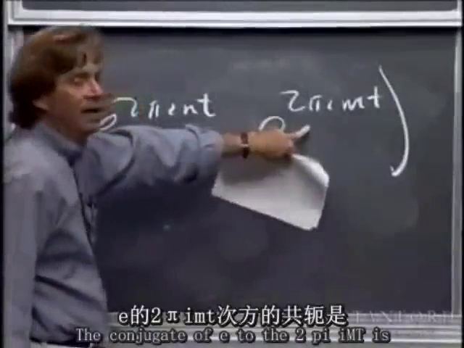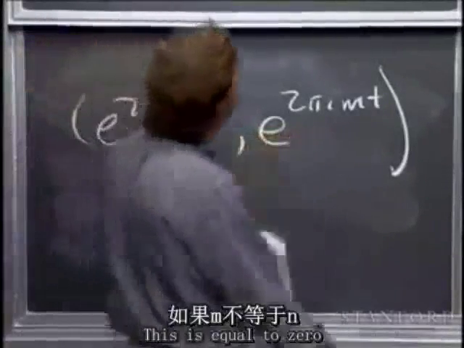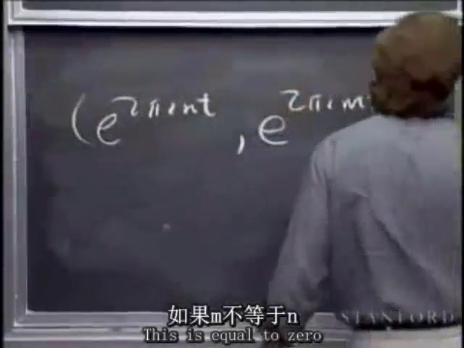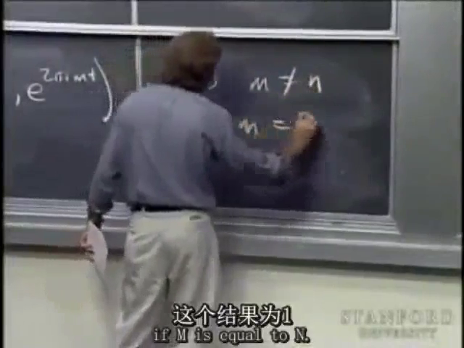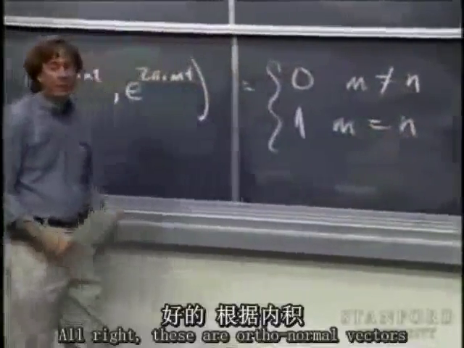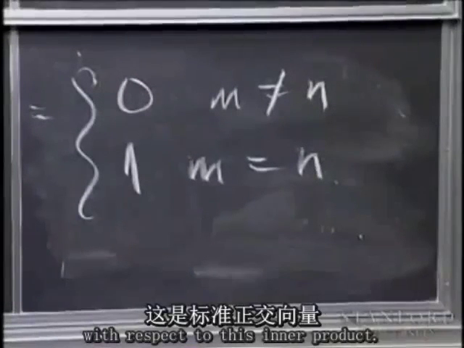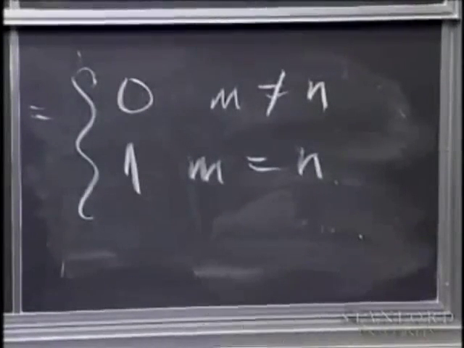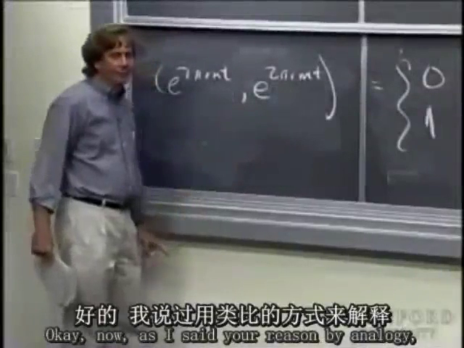The conjugate of e to the 2 pi i mt is e to the minus 2 pi i mt. That's where the minus sign comes from. This is equal to 0 if m is different from n, and it's equal to 1 if m is equal to n. These are orthonormal vectors with respect to this inner product. They are orthogonal. Their inner product is 0 when they're distinct, and their norm is equal to 1 when they're equal.